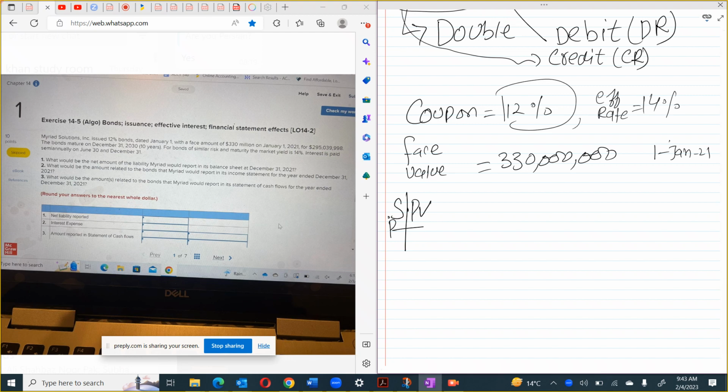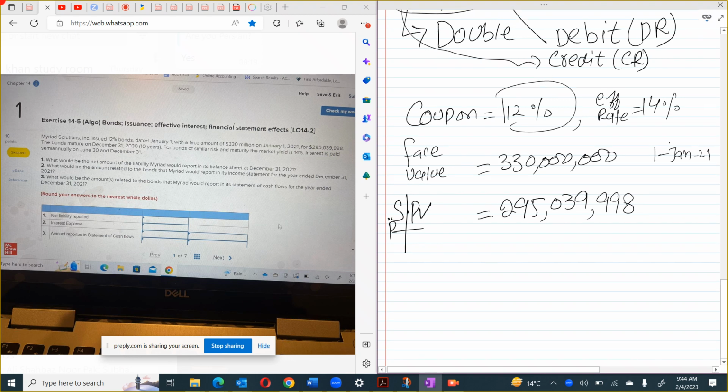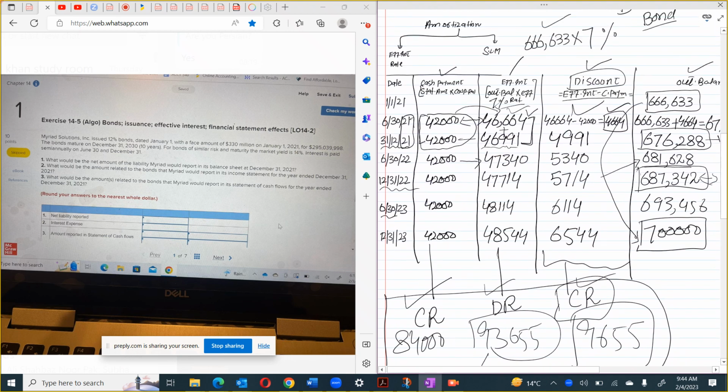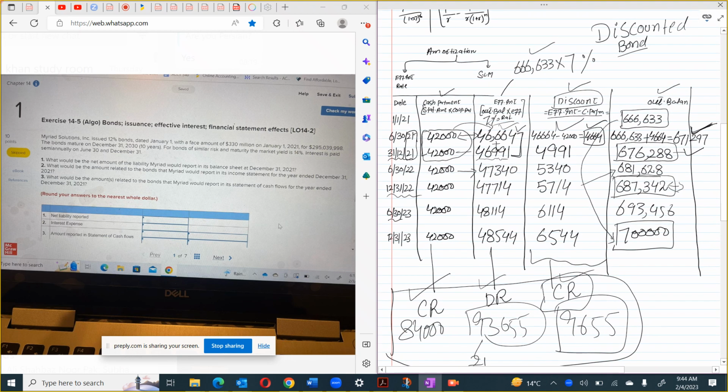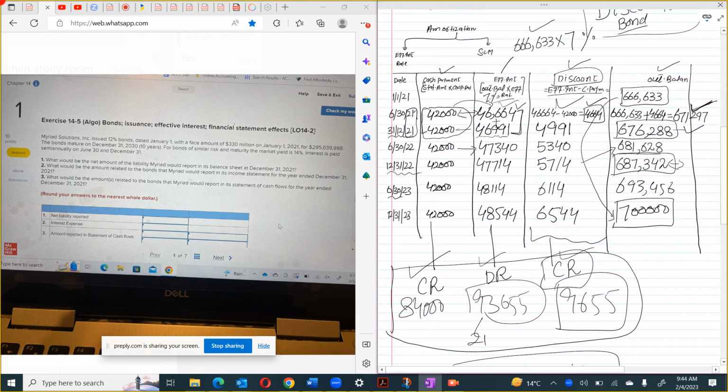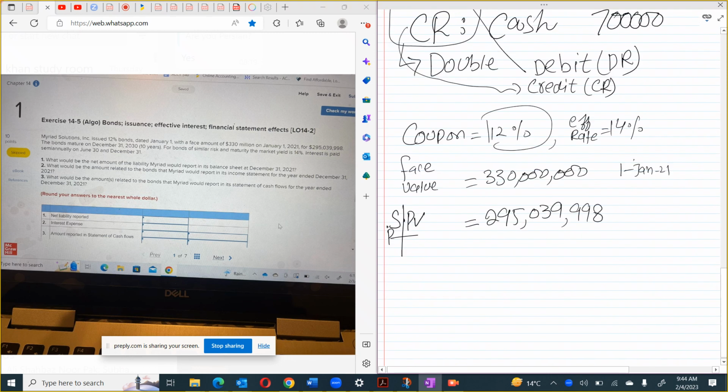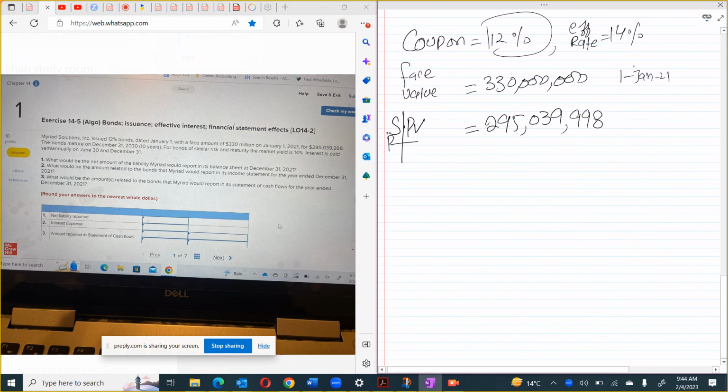Another indication is that the present value, the selling price, is less than the face value. So this bond is a discount bond, and this table is used for bonds issued at discount. We will learn bonds issued at premium later, but now we are solving the question for a bond issued at discount.